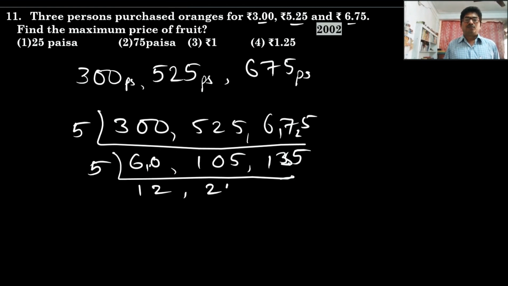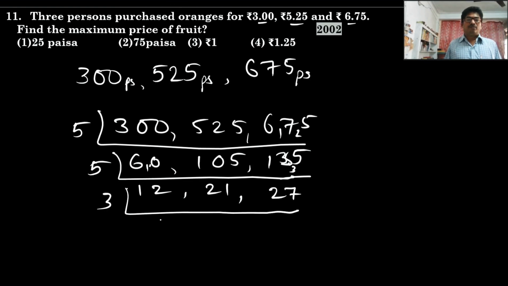We get 60, 105, 135. Again these are divisible by 5, giving 12, 21, 27. Now these are divisible by 3, giving 4, 7, 9. No number exactly divides these 4, 7 and 9.